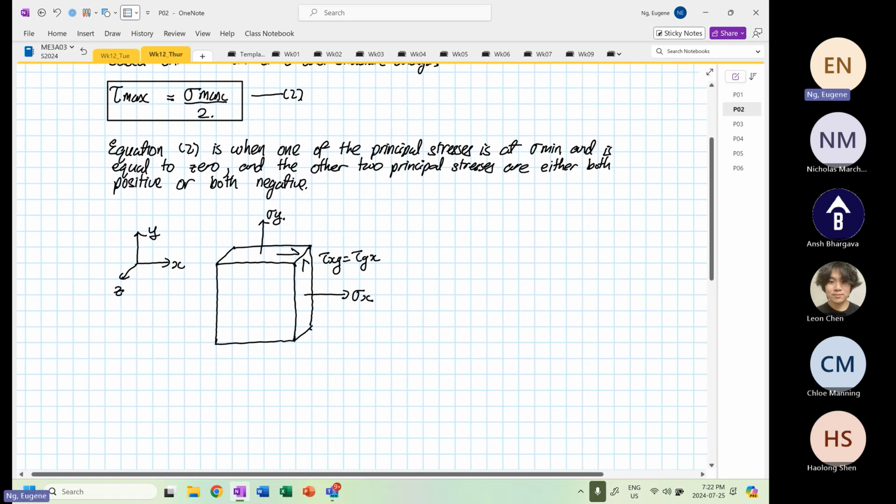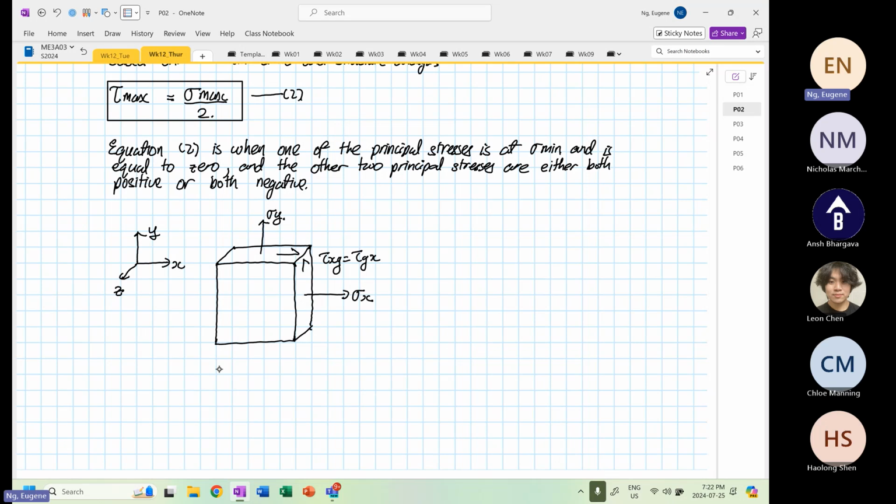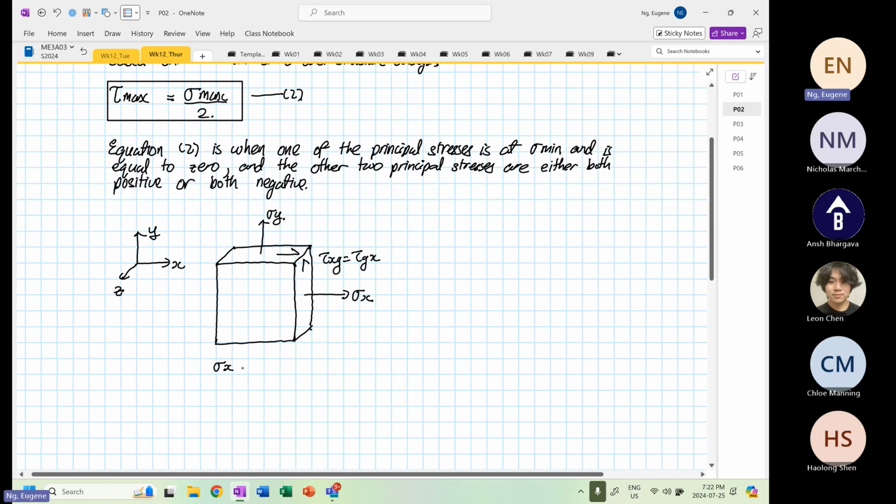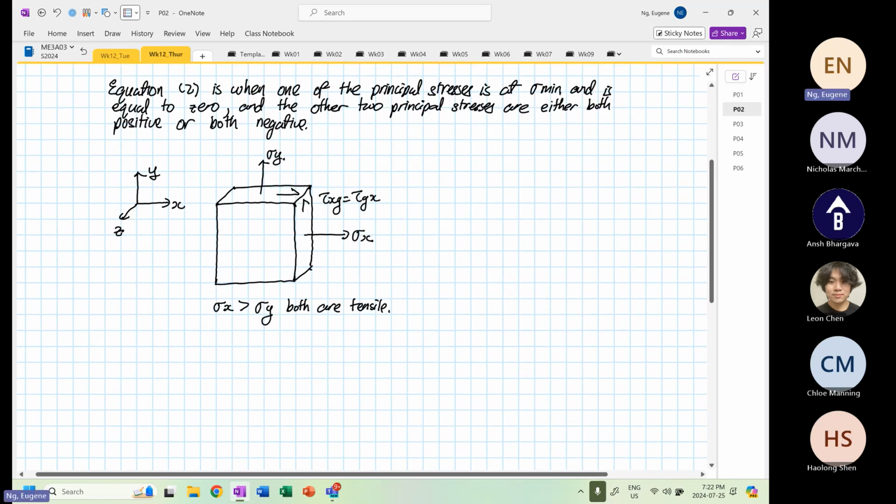So in this context, stress X is greater than stress Y, and both are tensile. And we have shear XY equal to shear YX, and for this case it is positive.